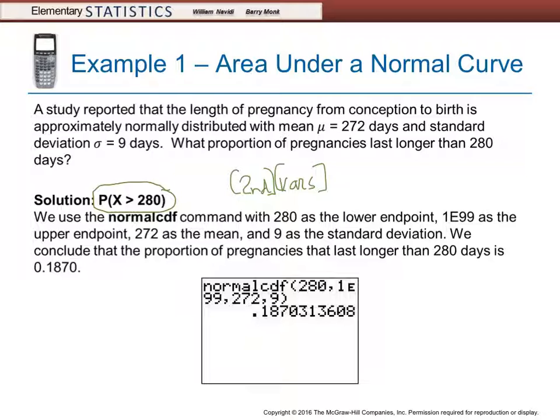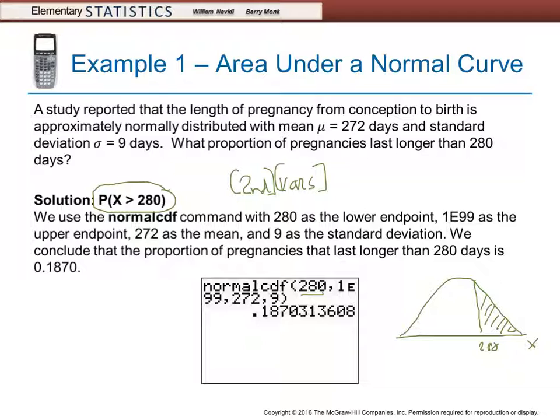When we do that, we notice that in our probability distribution for x, 280 was here, and we're looking for this area here. So our lower bound is 280, so we have to put 280 in.